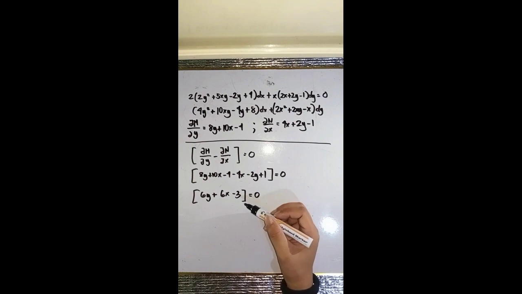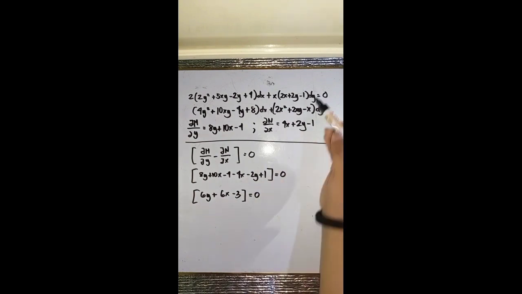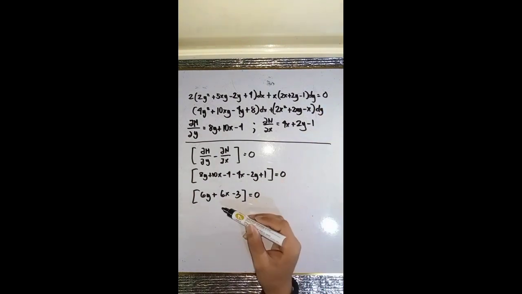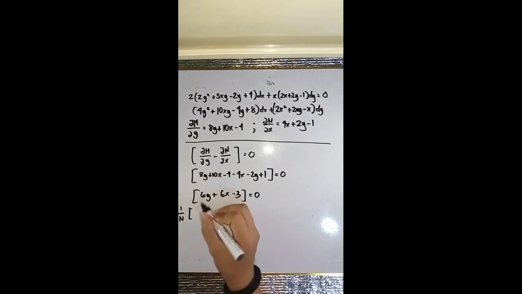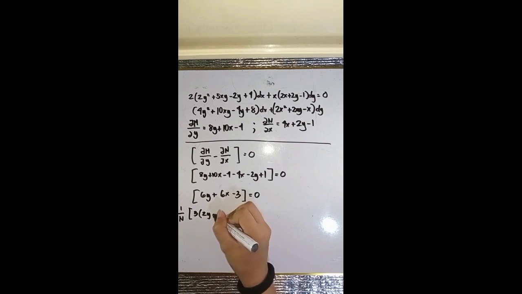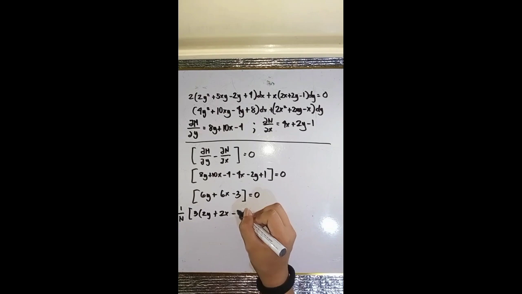So now we're going to divide 6y plus 6x minus 3 by the N function in order to get our integrating factor. We're going to use case 1, so 1 over N. 6y plus 6x minus 3 will be simplified as 3 multiplied by 2y plus 2x minus 1.